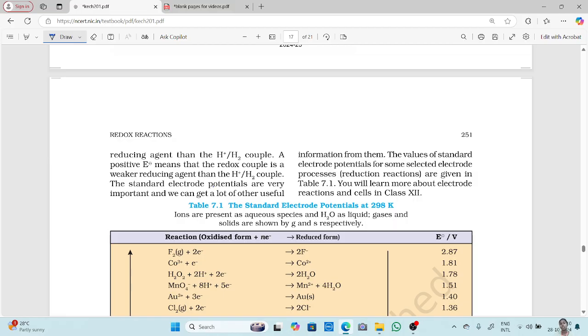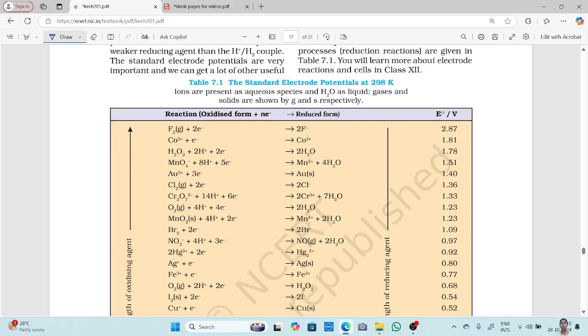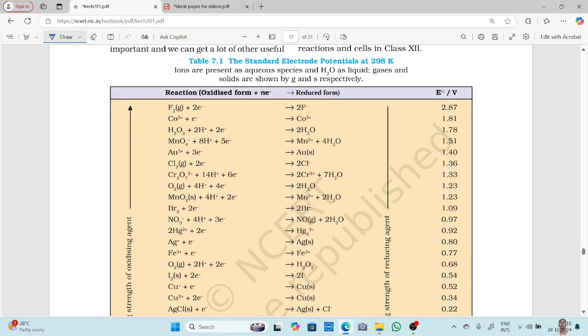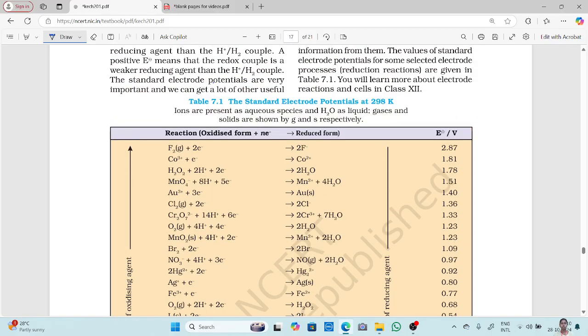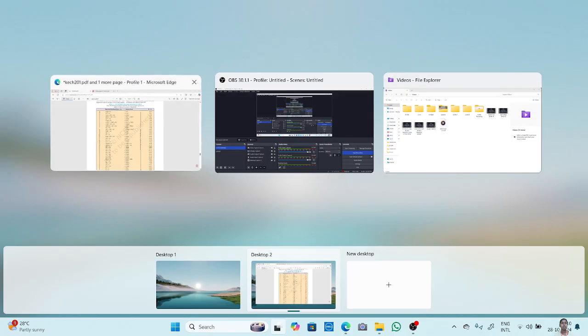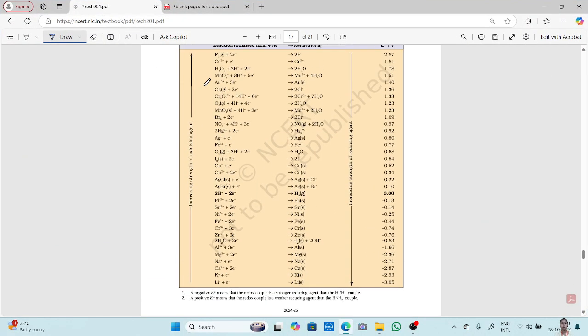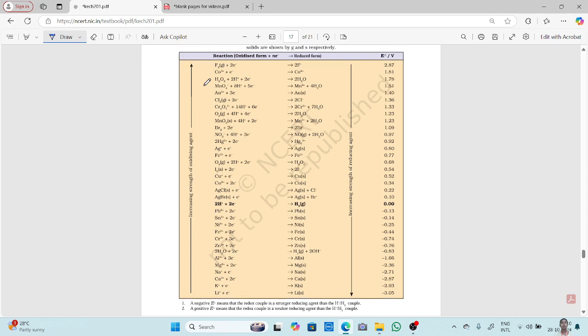The values of standard electrode potential for some selected electrode processes are given in the table. You will learn more about electrode reactions and cells in class 12 in the electrochemistry chapter. So these are the electrode potential values of some of the chosen electrodes.